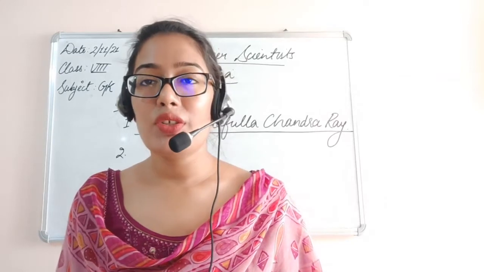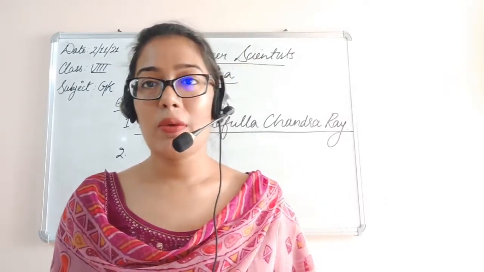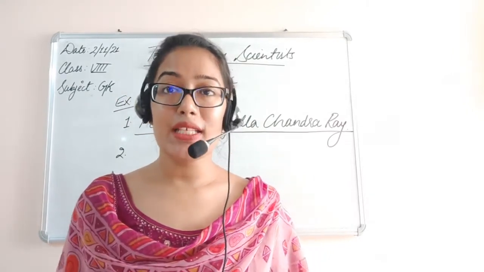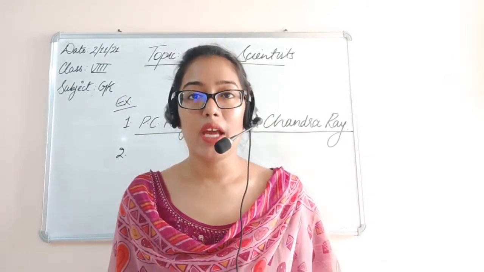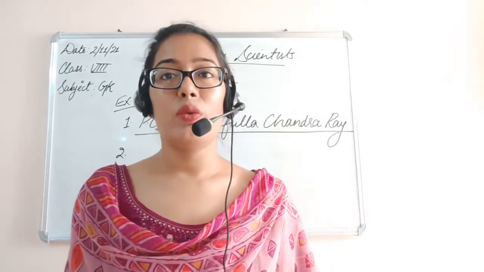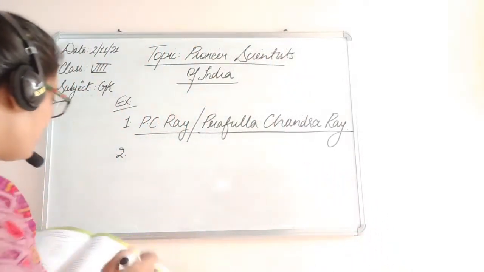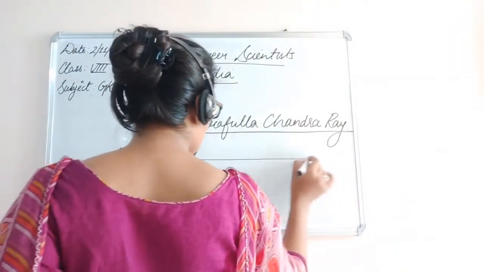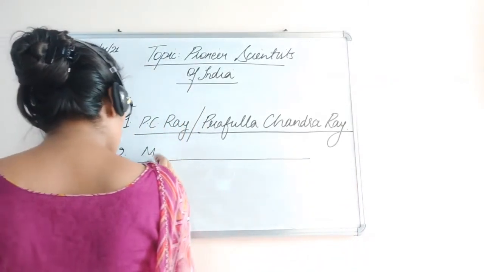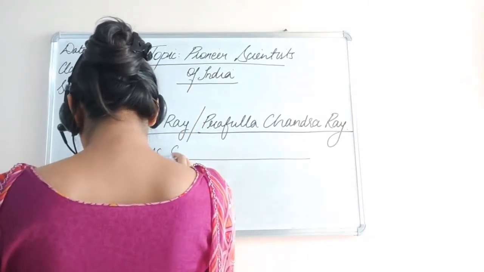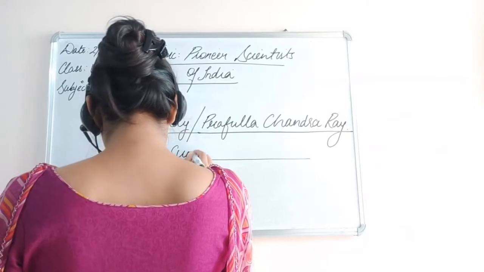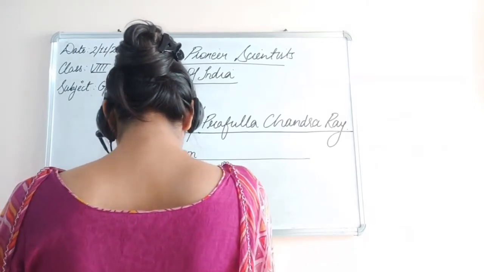The persons in this chapter that we are going to talk about are all the pioneer scientists of India that have done something new in some or the other fields. So his name, answer number 2, is M.S. Swaminathan.